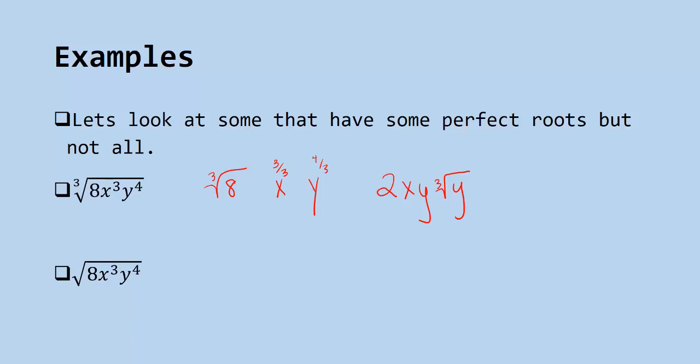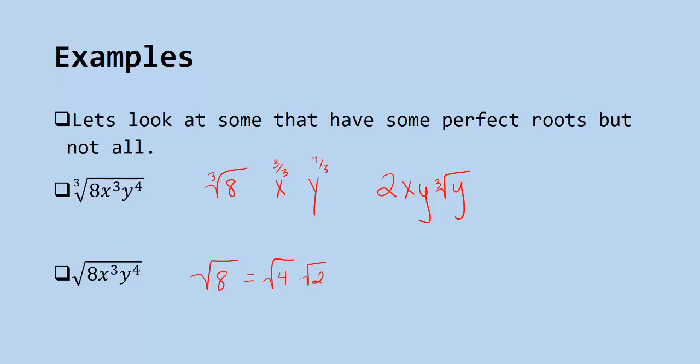Now I'm taking the exact same problem, but now I'm going to work on square roots. So we do know that we cannot take the square root of 8 perfectly. There is no square root of 8. So I'm going to have to break that down into factors that would be a perfect square. So 8 can be rewritten using square root of 4 times square root of 2.